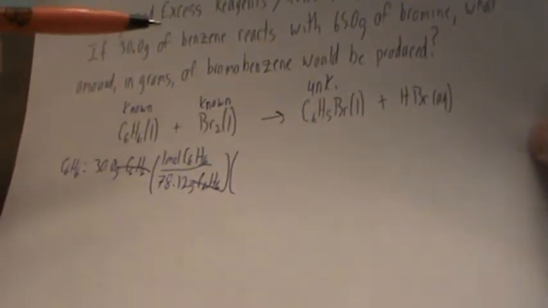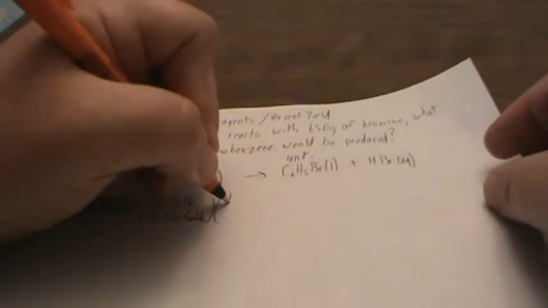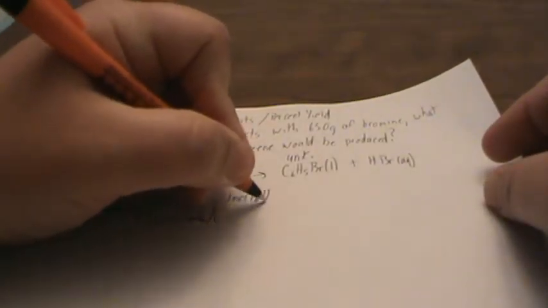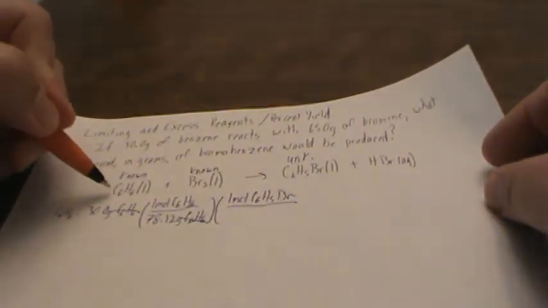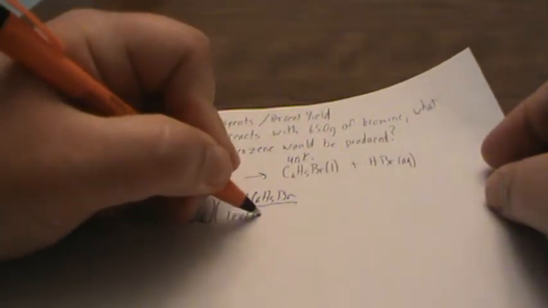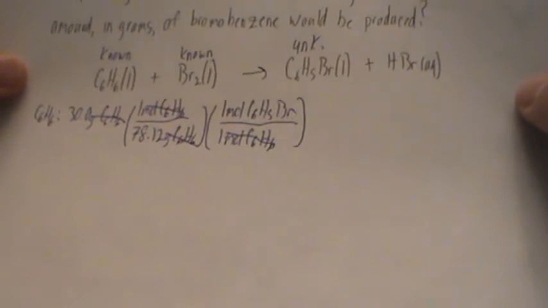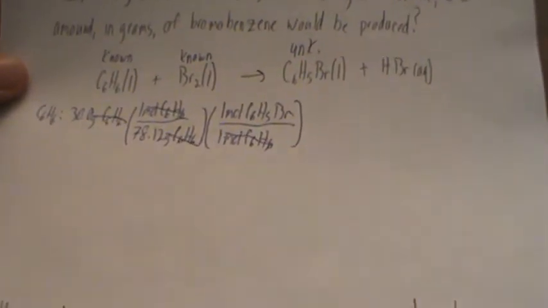Now we're going to go to moles of unknown, and we use our mole to mole ratio. In front of our unknown we have coefficient 1, so we have 1 mole of C6H5Br over, and for benzene our known also has coefficient 1, 1 mole C6H6. Moles of benzene get canceled out. Then our last step, since we're trying to figure out how many grams, is to go to mass of the unknown.